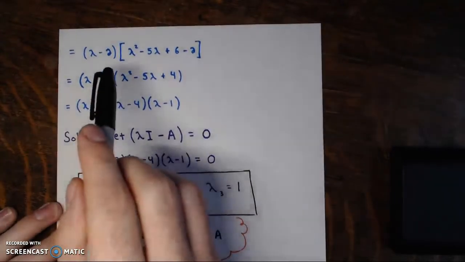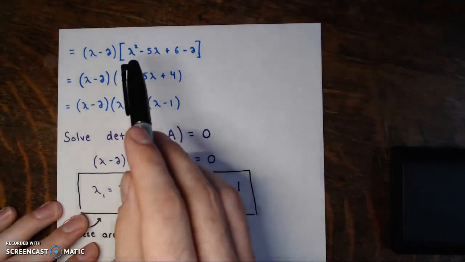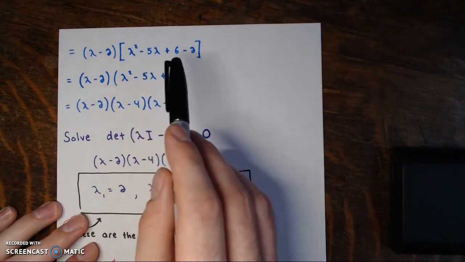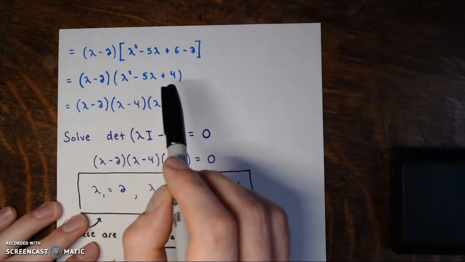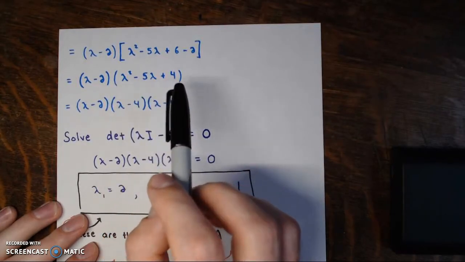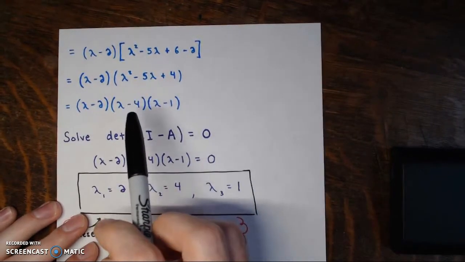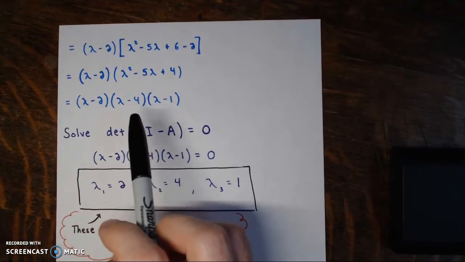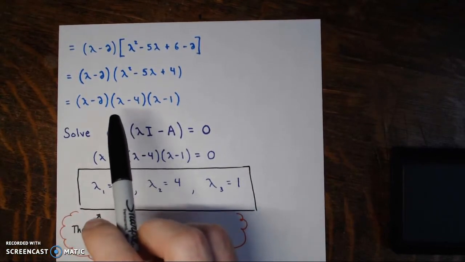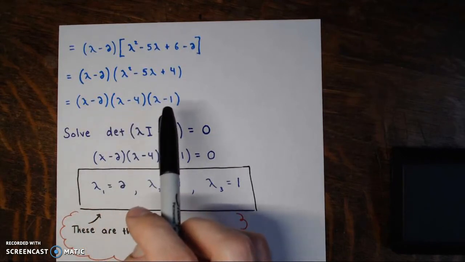So that's lambda minus 2 multiplied by lambda squared minus 5 lambda plus 6 minus 2. That's lambda squared minus 5 lambda plus 4. And this factors even further, a nice factorable quadratic, to lambda minus 4 times lambda minus 1. So the determinant of lambda I minus A is lambda minus 2 times lambda minus 4 times lambda minus 1.